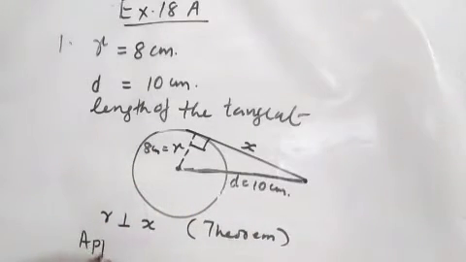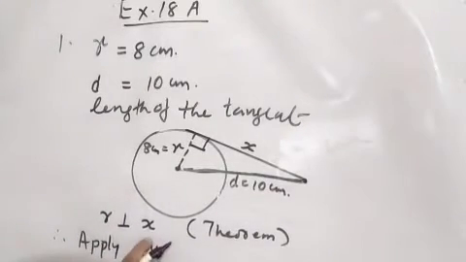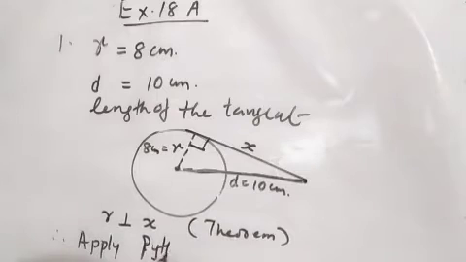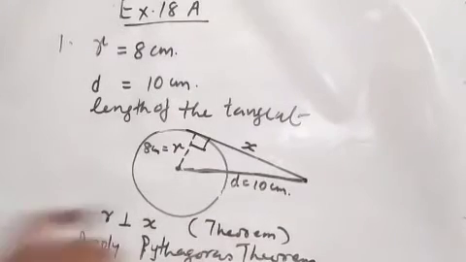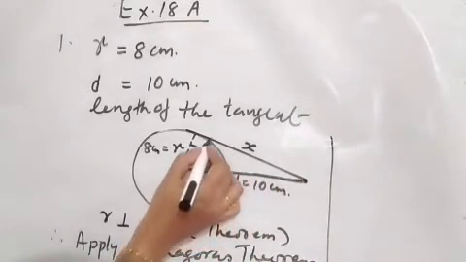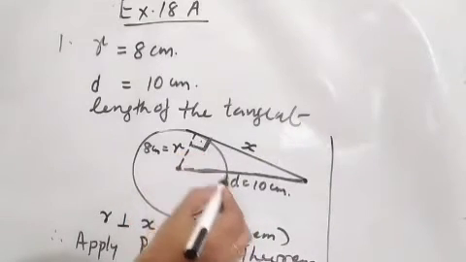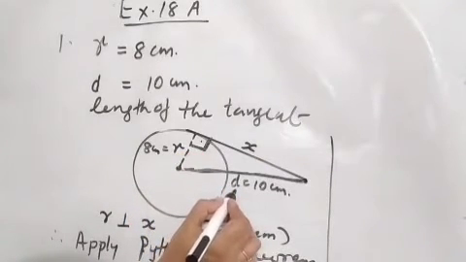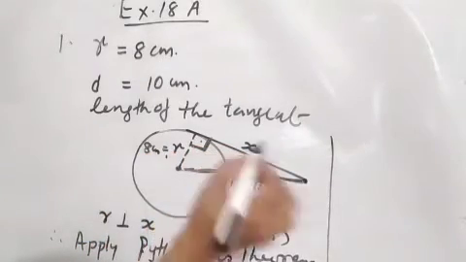Apply Pythagoras theorem. So how can we relate this? 90 degrees this one, no? So which one is hypotenuse? Side opposite to 90 degree. That is distance is the hypotenuse, and this is one side and this one other side.